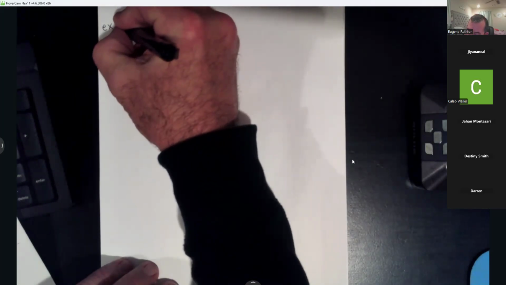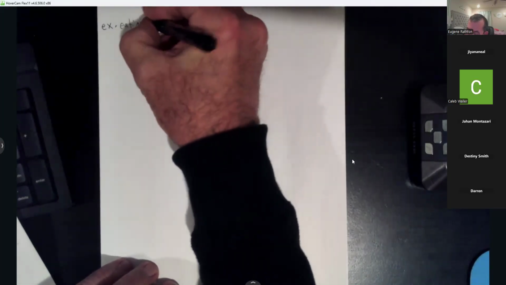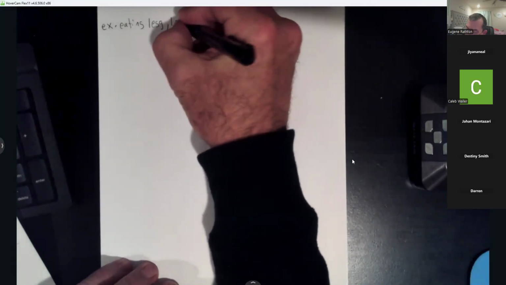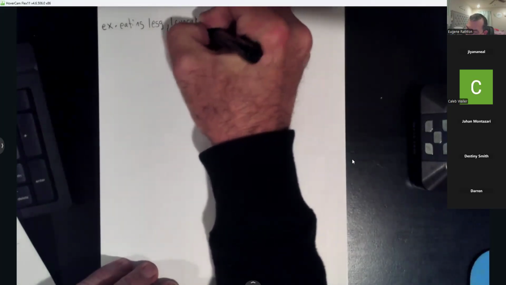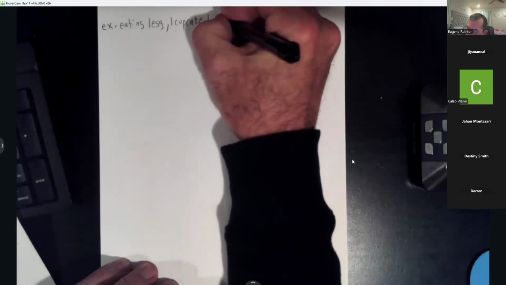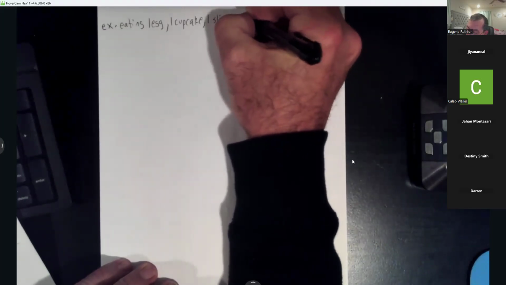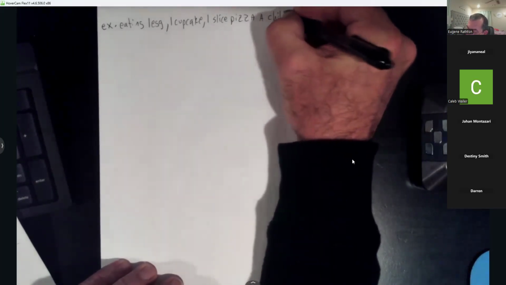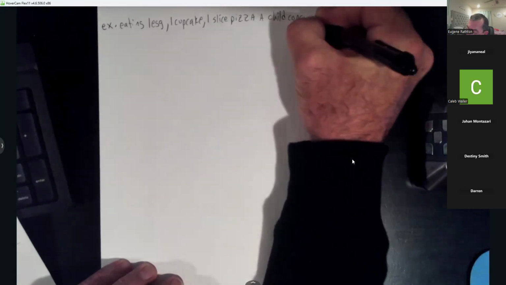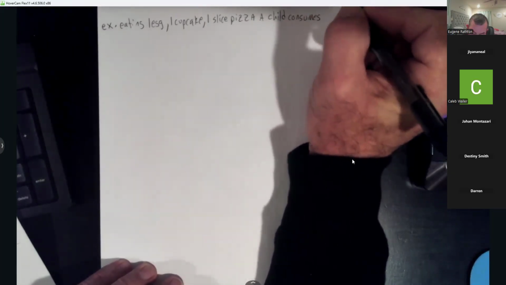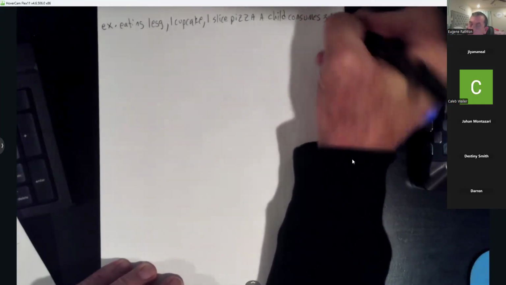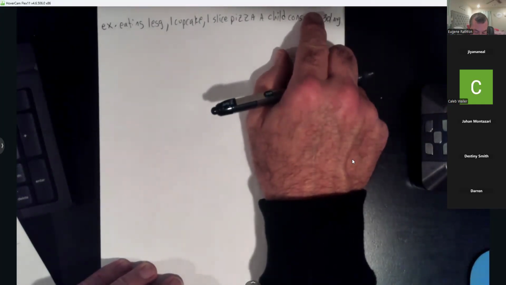All right, y'all. Eating one egg, one cupcake, and one slice of pizza, a child consumes 301 milligrams of cholesterol.